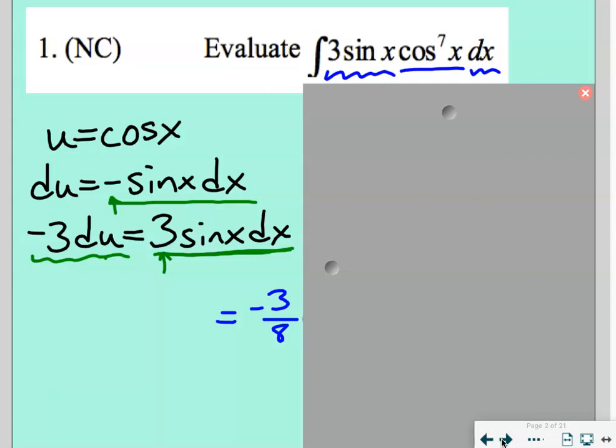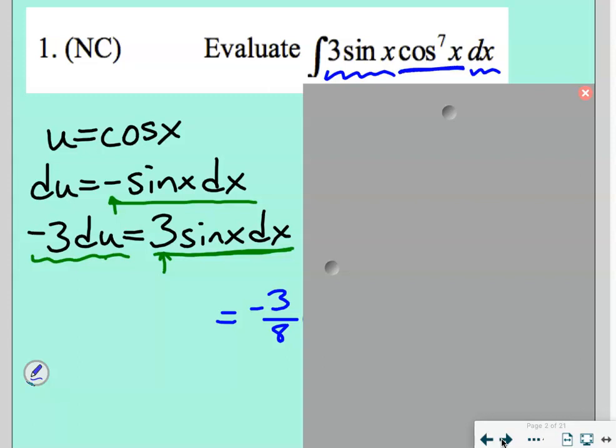You really do have to find your du, write it properly with the dx, right? And then what I do personally when I'm teaching is I underline. When I'm doing it myself, I'm mentally doing the underline. I don't usually actually underline, but sometimes I do. I underline as I go.